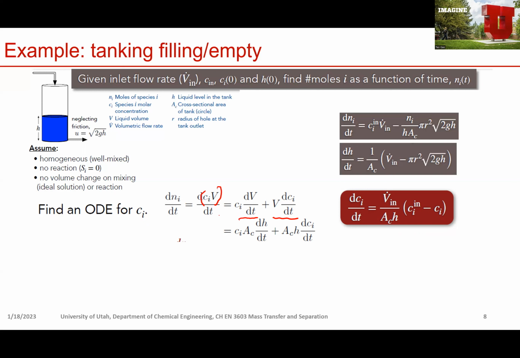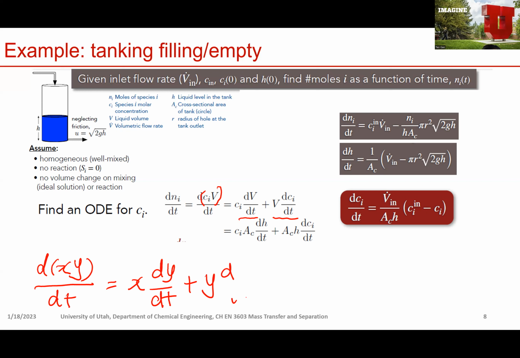So mathematically, we can do a bit of simple review here. If we want to do the full derivative of a product of x and y, it equals x dy/dt plus y dx/dt, and plus a component called dy dx/dt.